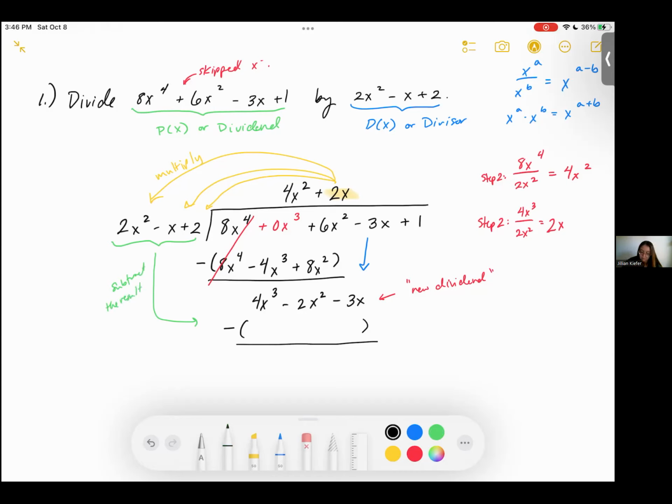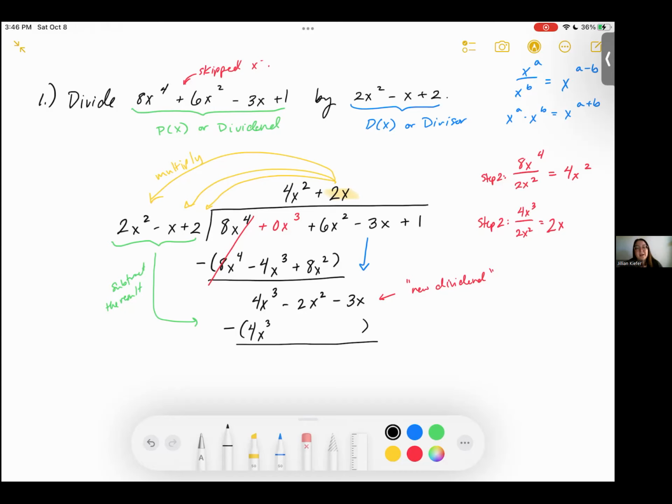All right, now we need to know what the result is. So we're going to take 2x and multiply every term in the divisor. So 2x times 2x to the power of 2. 2 times 2 is 4. And x to the power of 1 times x to the power of 2 will be the same thing as x to the power of 1 plus 2, which is x to the power of 3. And those terms will cancel, which is what we wanted. It means that we're doing it right.